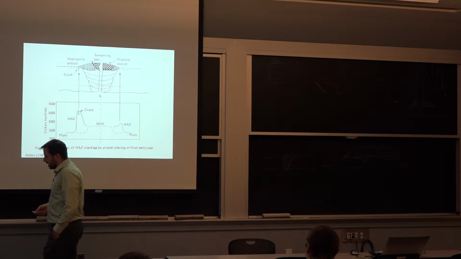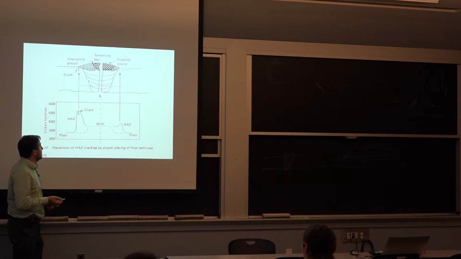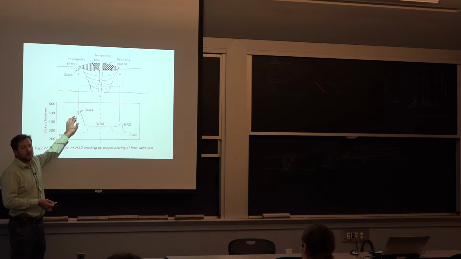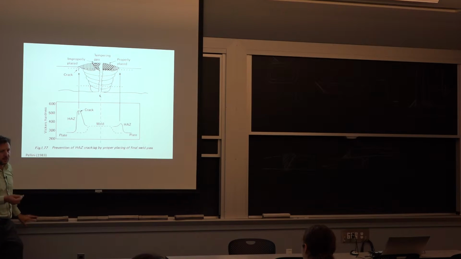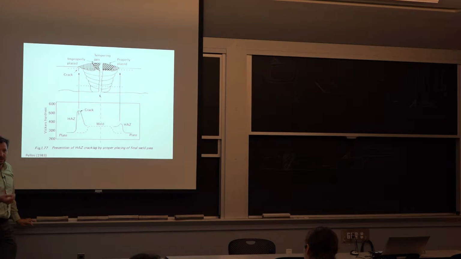Now, the last aspect, so we talked about residual stresses, we talked about stress concentration. The third thing that affects the strength of the weld is this heat affected zone. And we talked about it a little bit on Monday. You guys know where it is. You know for steel, it can mean an increase in strength, but a reduction in ductility.